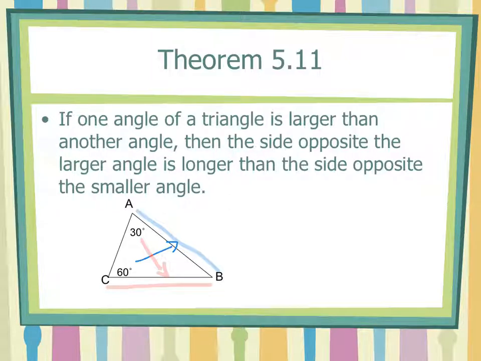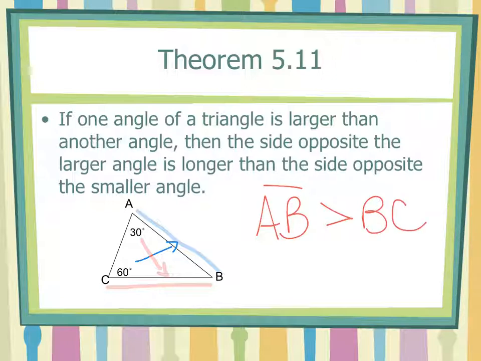So notice 30 is smaller than 60, but if I were to write the inequality, I could say that side AB is greater than side BC because it's opposite the larger angle.